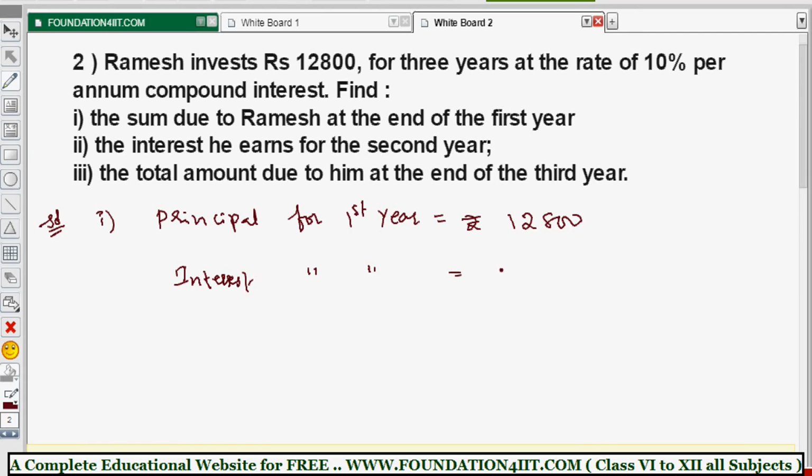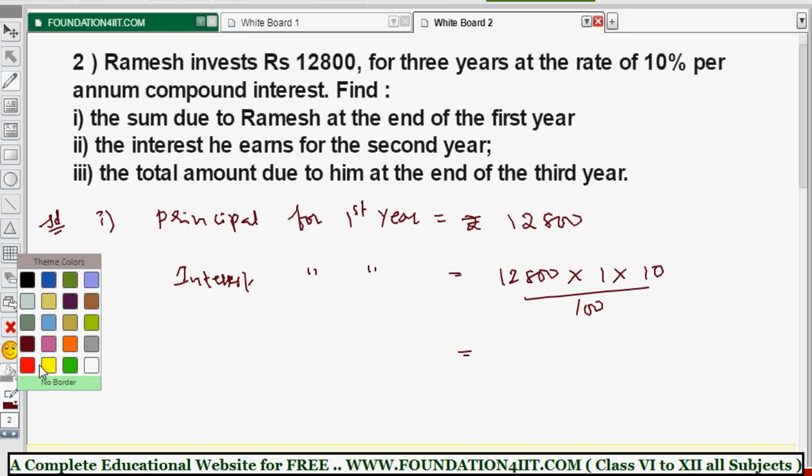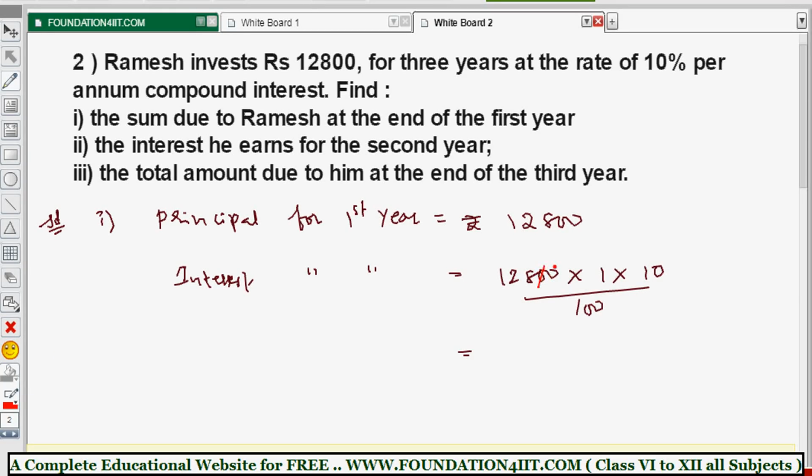The same principal, PTR by 100 formula. Time is 1 year and the rate of interest is 10%. You can cancel the two zeros: 128 into 10, so 1280. 1280 rupees is the interest for the first year.